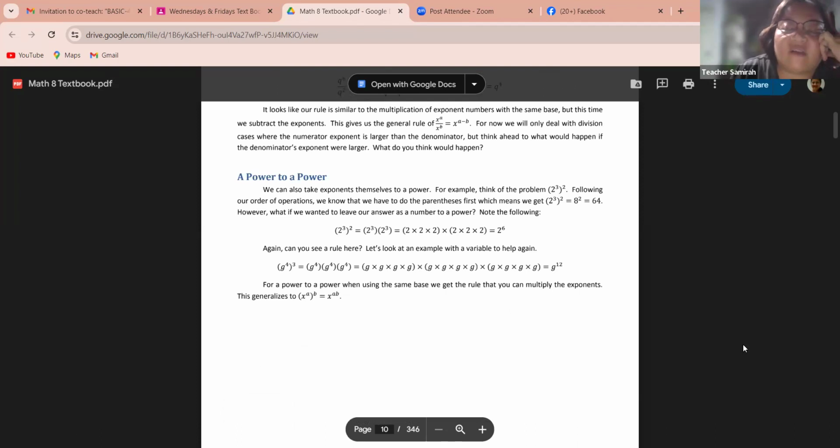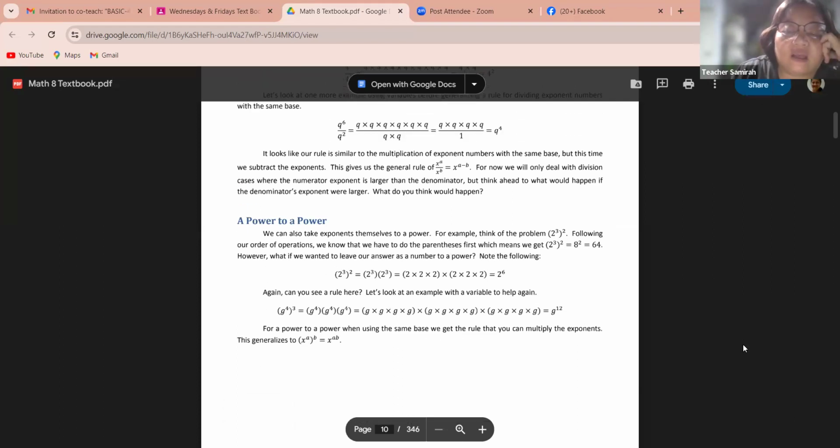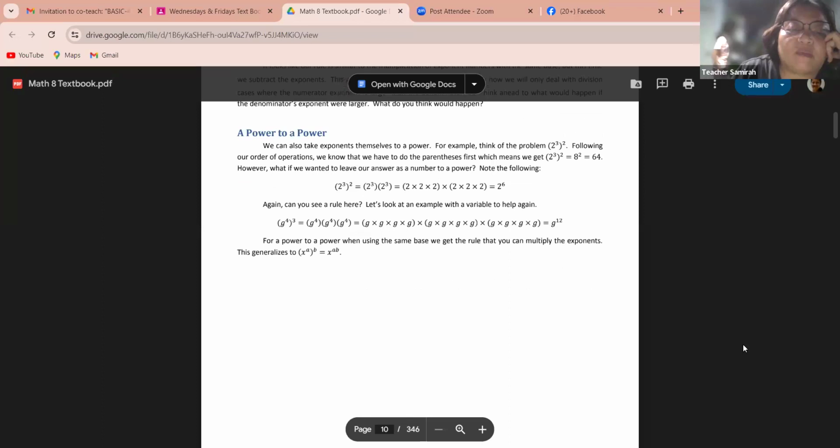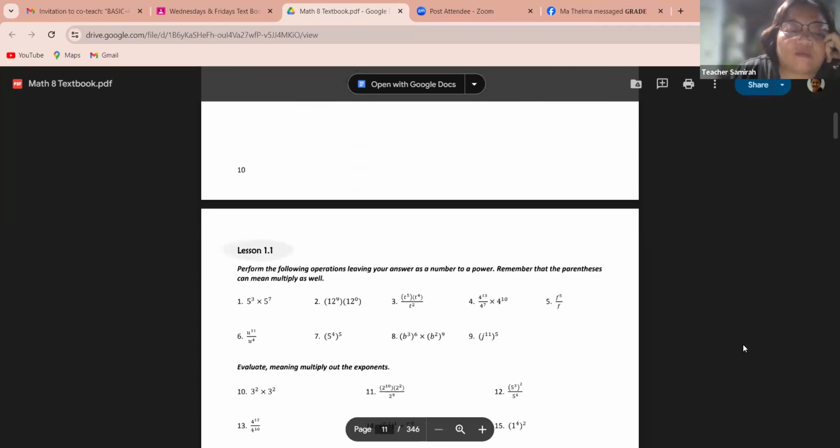The general form of power to a power is quantity x raised to a, raised to b, is equal to x raised to a times b. We can simply multiply the exponents.